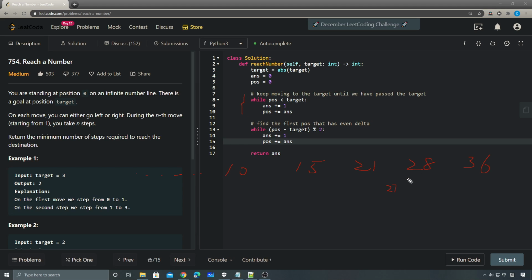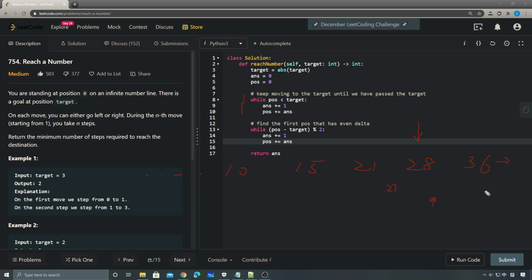28 minus 27 equals 1, so the delta is an odd number, which means we cannot get 27 at this position, so we have to keep going to 36. But 36 minus 27 is 9, so it's still an odd delta. That's why we have to keep going to the next one.